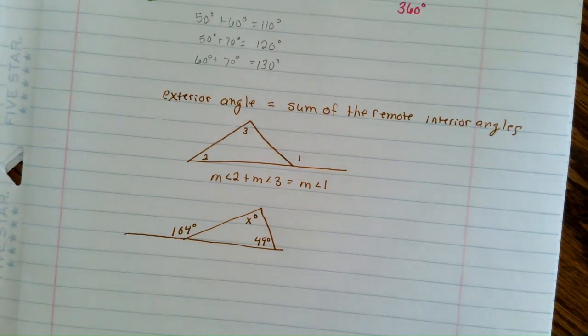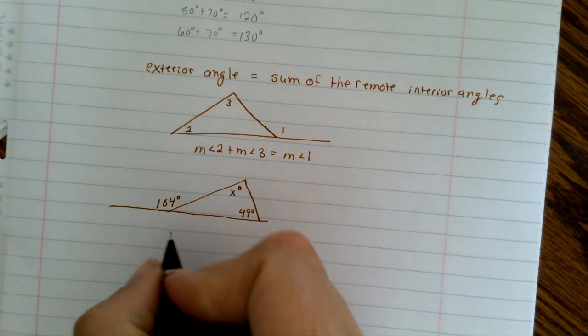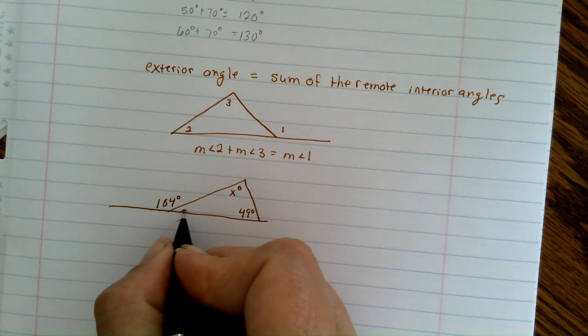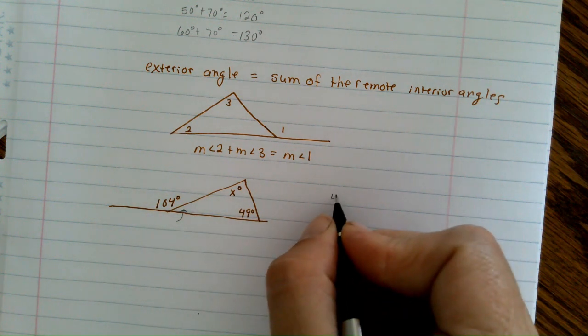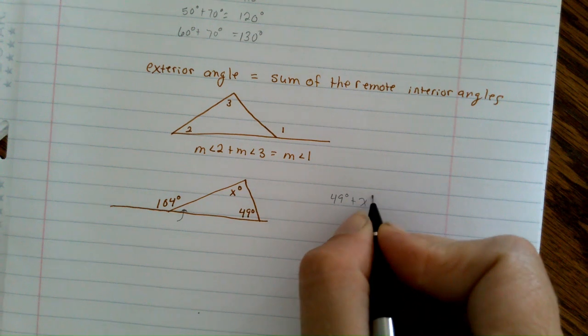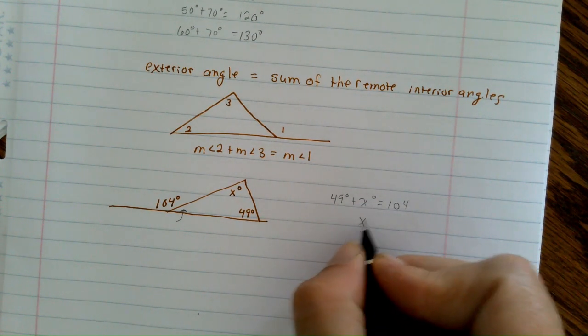Okay, well, I have two options. I can either find this angle right here and then say these have to add to 180, or I can just say, hey, the remote interiors added together have to equal 104. I can subtract it and get 55.